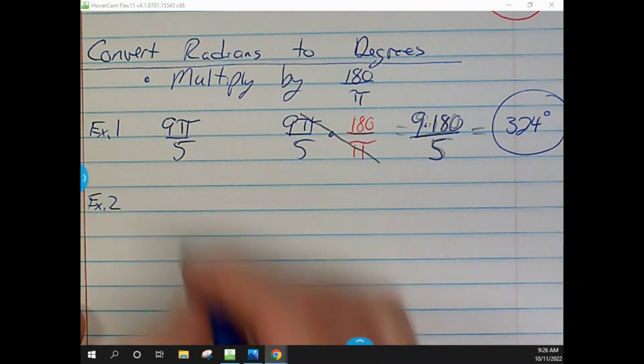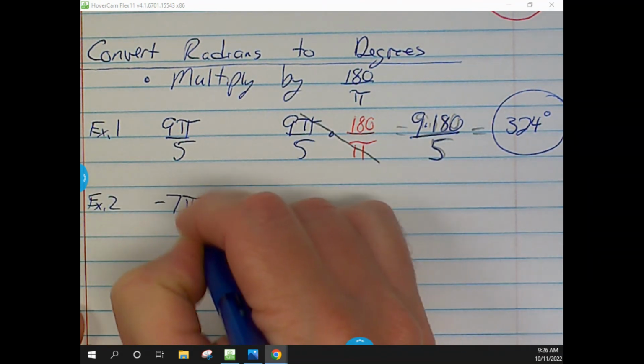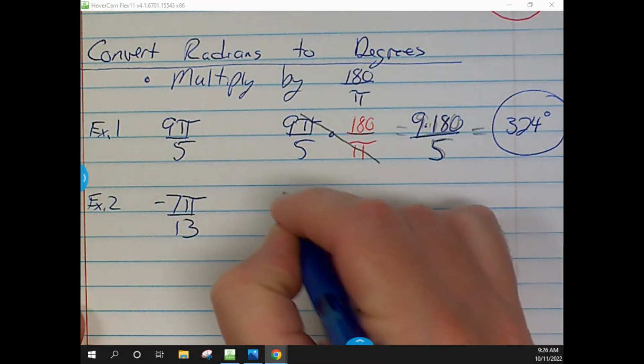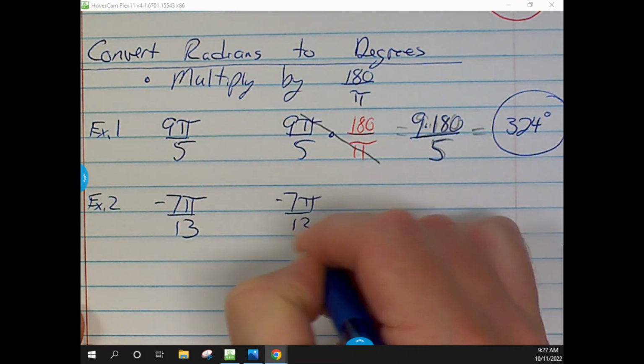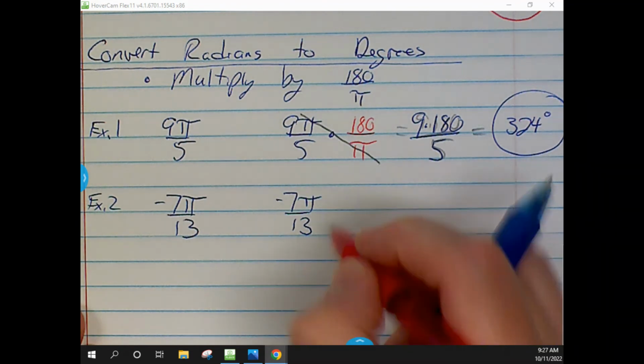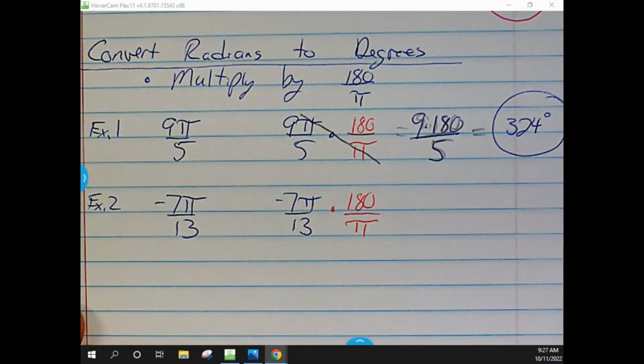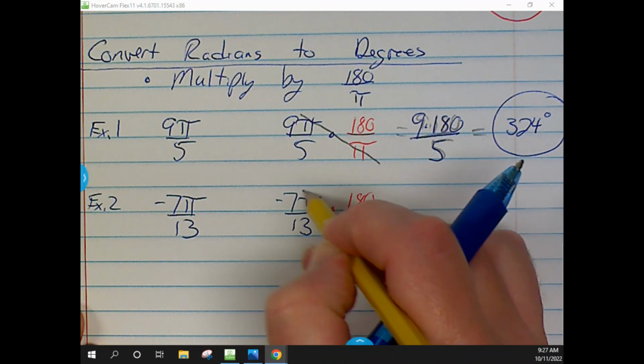All right, now, if it happens to not be a perfect whole number, let's say it's negative 7 pi over 13. So we've got to multiply by 180 over pi. And again, the big thing in that case is we're going to use that to cancel out our pi's.